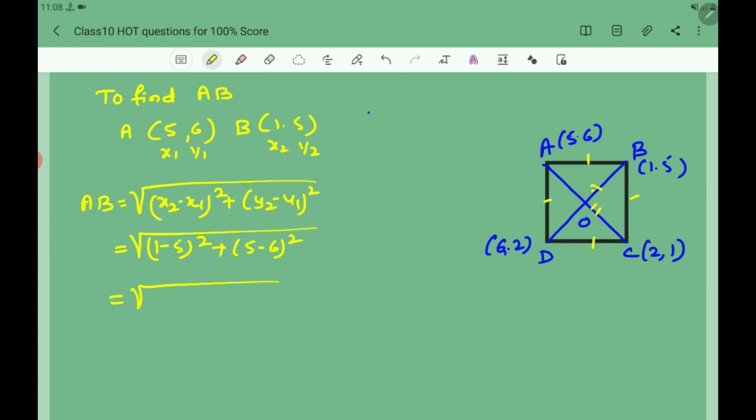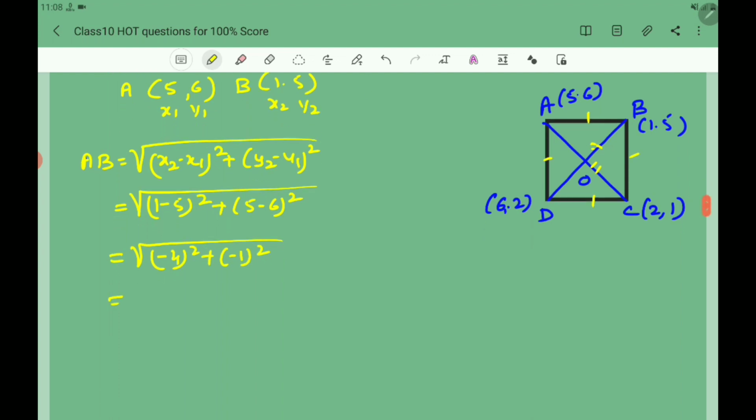That becomes (minus 4) whole square plus (minus 1) whole square, so you get root of 16 plus 1, that is AB equals root 17.